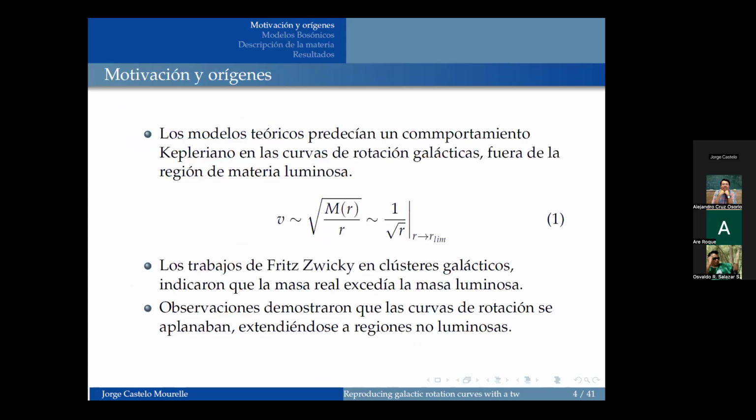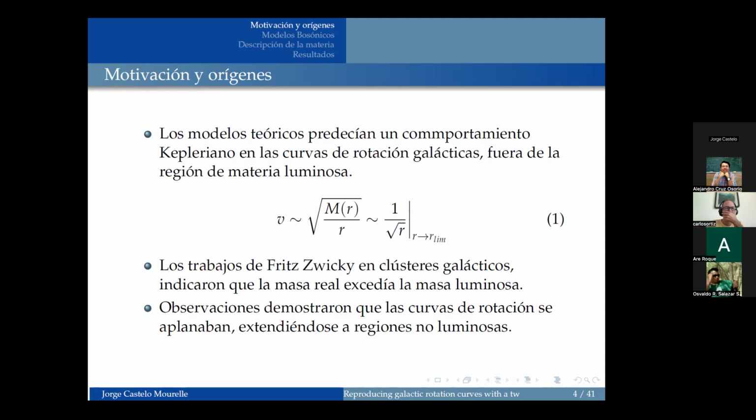In the first years of the last century, people believed that the most accurate models for fitting galactic rotational curves were done just by taking the luminous matter, because other matter was not visible, and we weren't aware of what we know today as dark matter.